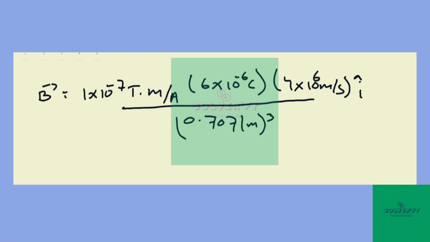This is in the i direction, and this gives us plus 6.79 times 10 to the power minus 6 tesla in the i direction.